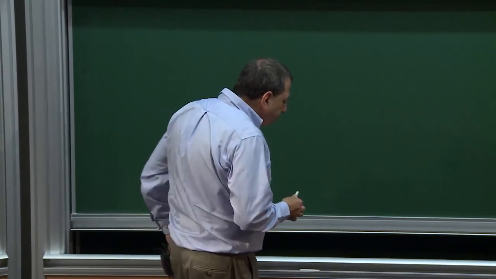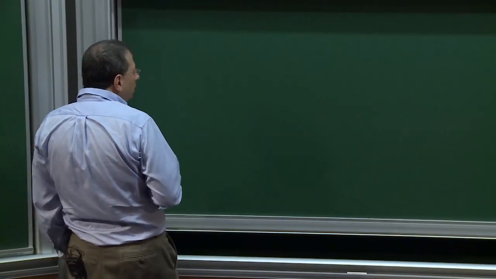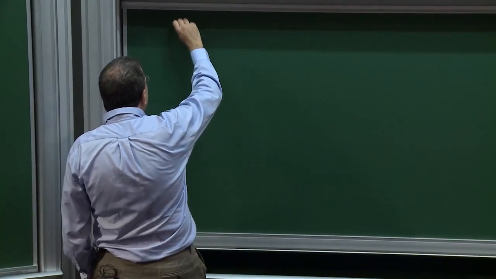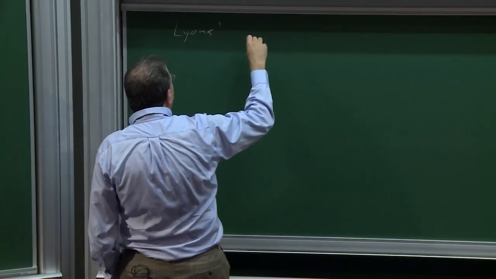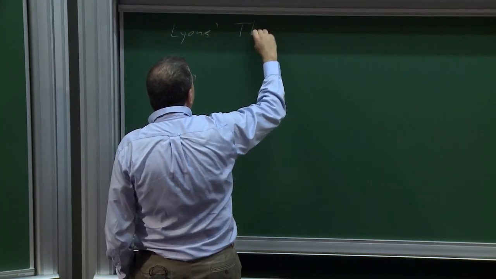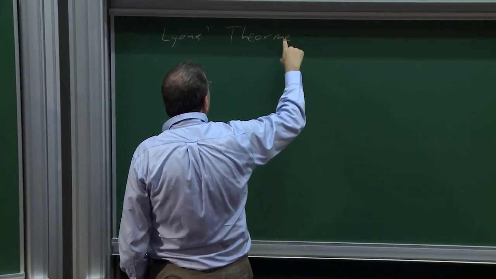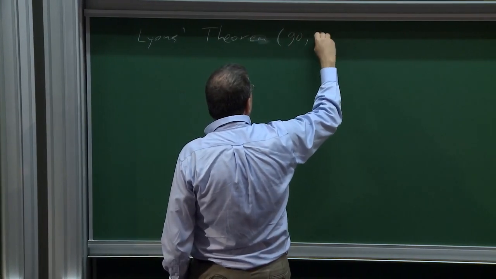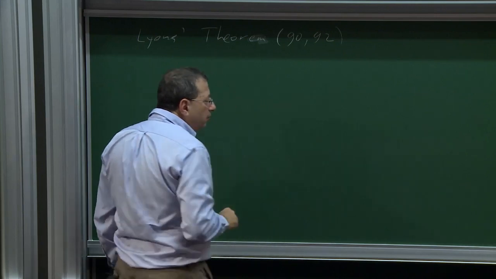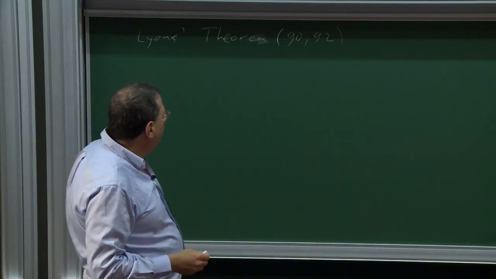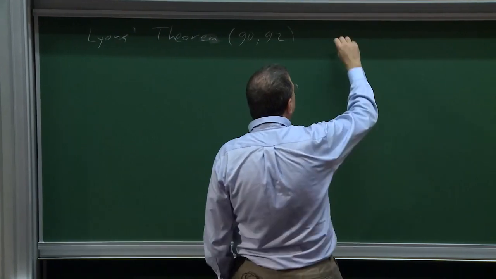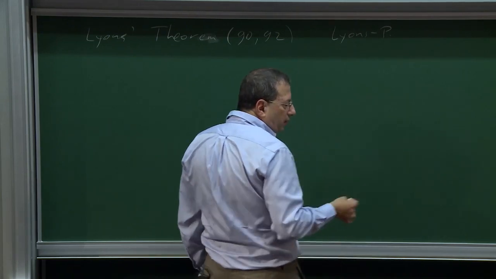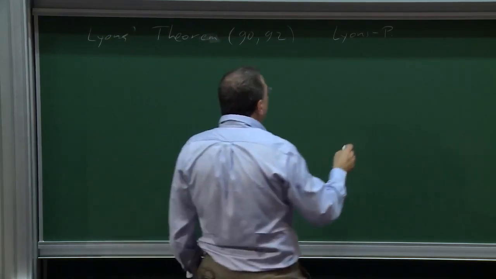So I want to tell you about the Russ Lyons theorem, which was first published in '92 in the Annals of Probability, that is the paper I'm referring to, and you can also find an account of this in my book with Russ, which is about to appear in Cambridge University Press.